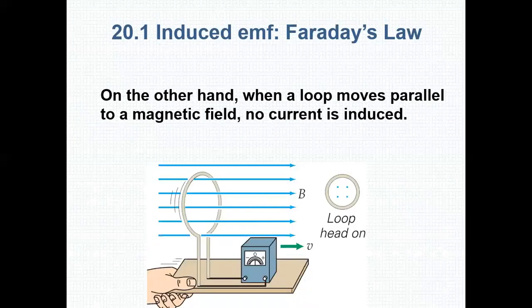Okay, what happens if you move a conducting loop in the direction of the magnetic field? Does it still produce induced current or not? It does not, because there is no change in magnetic flux when you move a loop in the direction of the magnetic field.